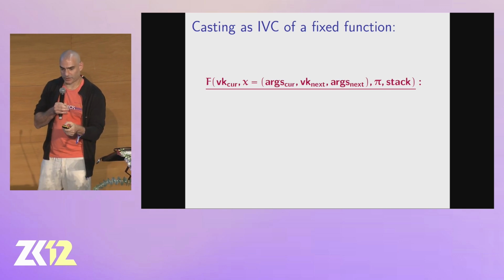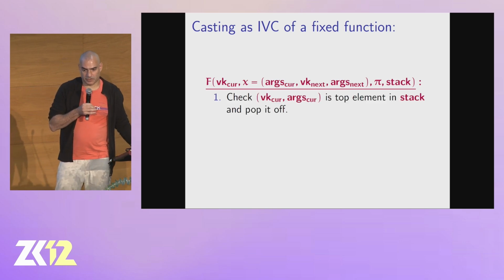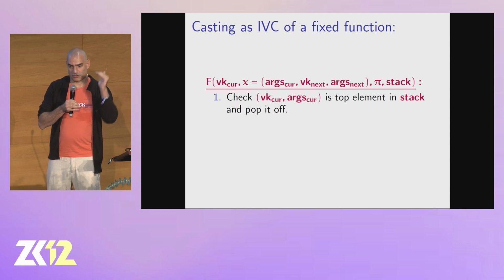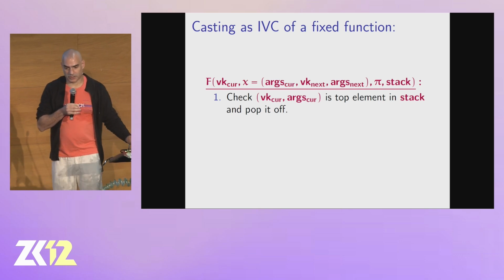And now what does f check? It checks that the element at the top of the stack is the current vk and the current args, and it'll pop it off the stack.